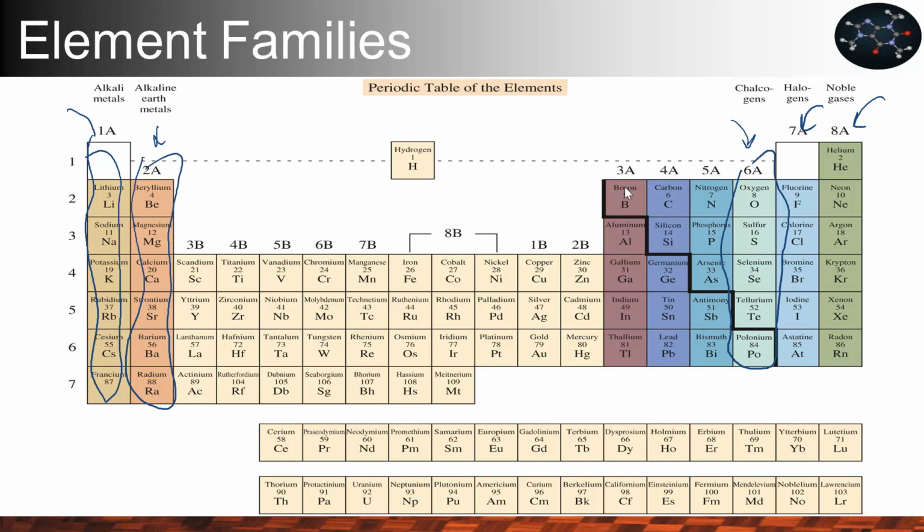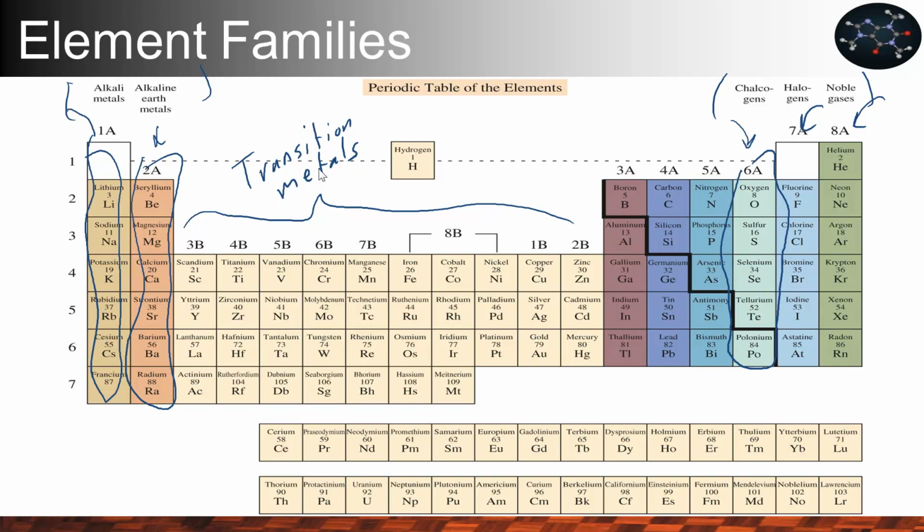And all of these groups have names, but these are the more common ones that we kind of want you to know. Alkali metals, alkaline earth metals, chalcogens, halogens, and noble gases. The center is referred to as the transition metals, all of them. Transition metals. Okay.